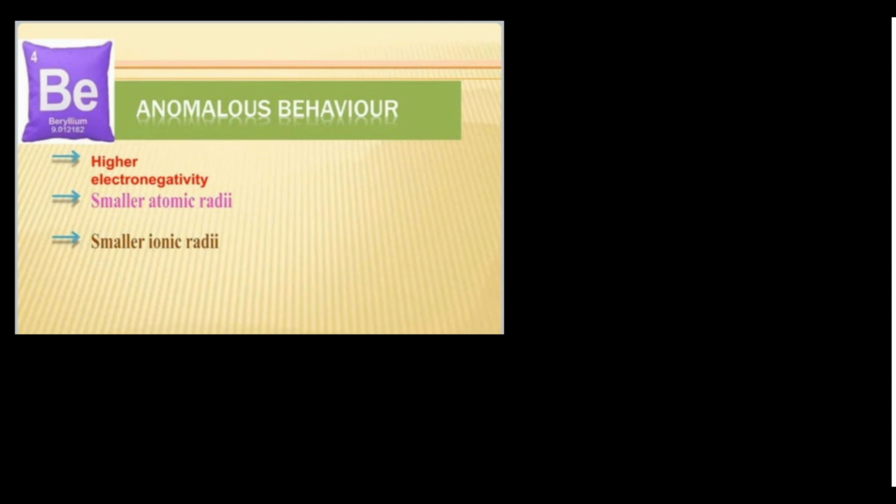However, it is not that electronegative when it comes to the halogens or nitrogen, etc. But in its group it is small in size, so it has high electronegativity. And of course, its atomic radius as well as ionic radius is again very small. So due to this it shows various different properties, right? It also has very high ionization energy. So due to the high ionization energy, smaller size, and high electronegativity, it behaves distinctly from the rest of the members of the group. Okay, so what are those actually?